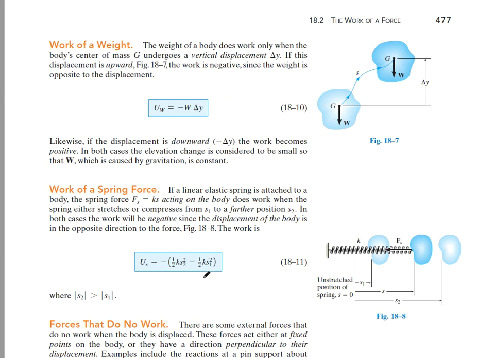And if we look at the spring, the work of a spring is the difference in, we recognize these from early chapters, the potential energy of the spring. So we have positions S1 and S2, and the work between these two positions is this difference.